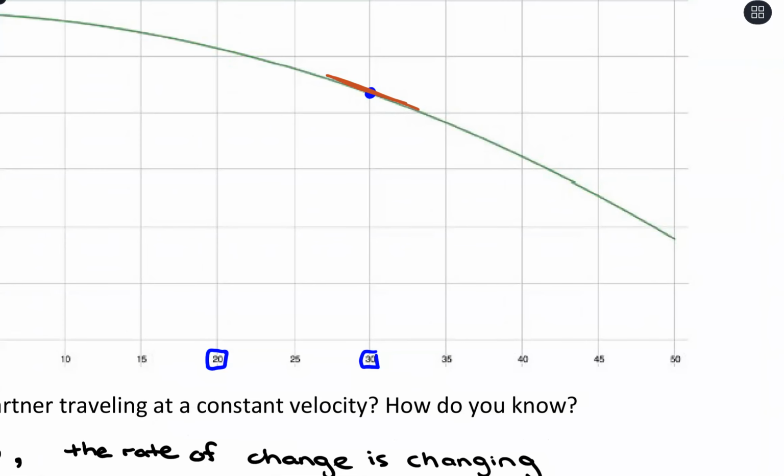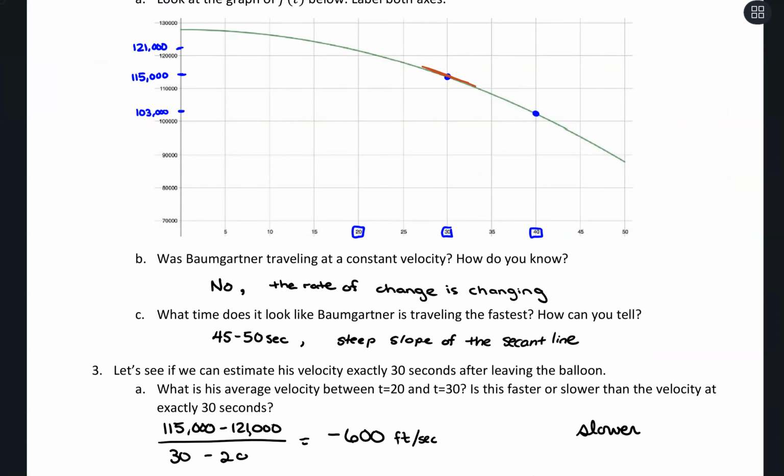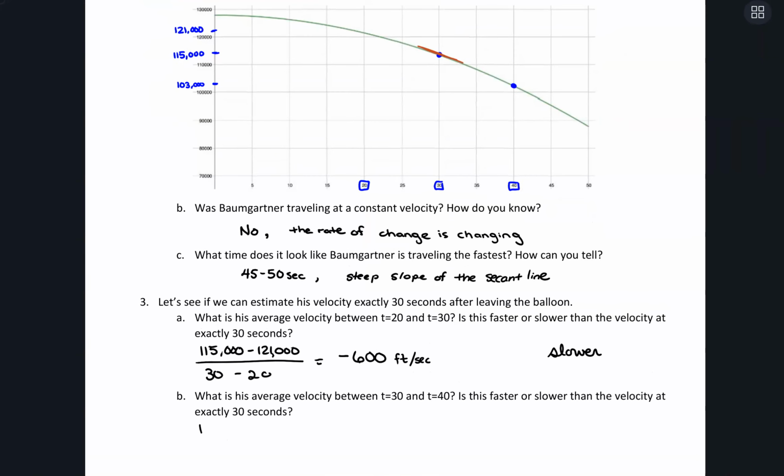So now we're going to adjust this and go over to 40 seconds. And let's go ahead and estimate our height there. Oh, let's say 103,000. So for the calculation, I'm going to go 103,000 feet minus 115,000 feet over 40 minus 30.